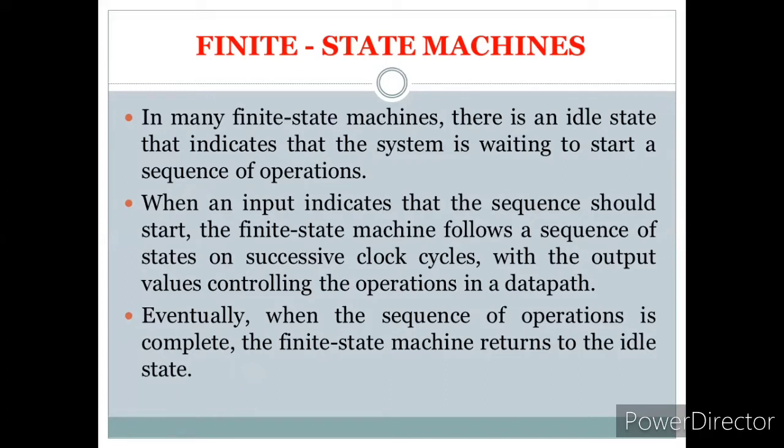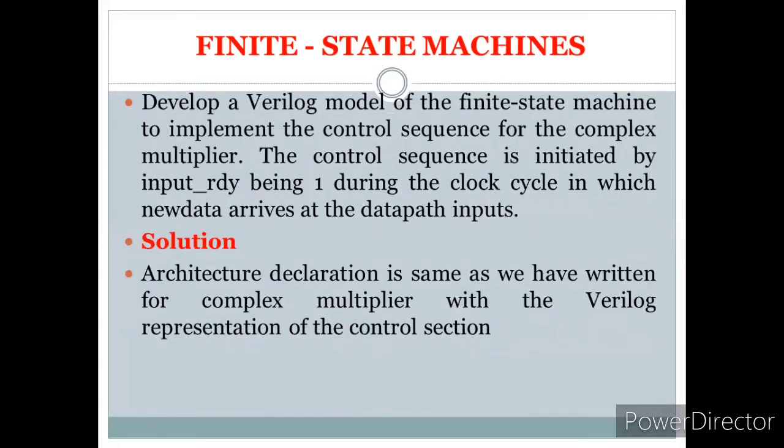Once the initial state is started, it goes step by step to the next state and performs the respective operation at the successive clock cycles, produces the successive output, and selects the proper data path to get the proper output. Eventually, when the sequence of operation is complete, the FSM returns back to the idle state, the initial state. So this is what is happening in the FSM.